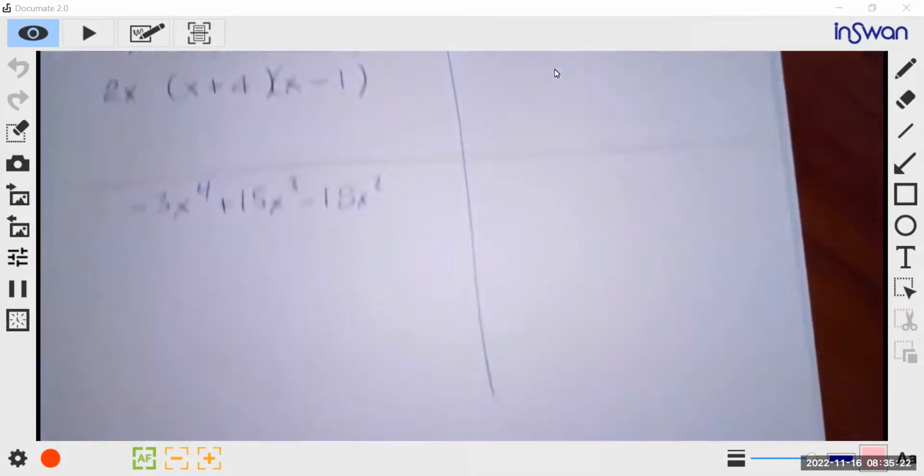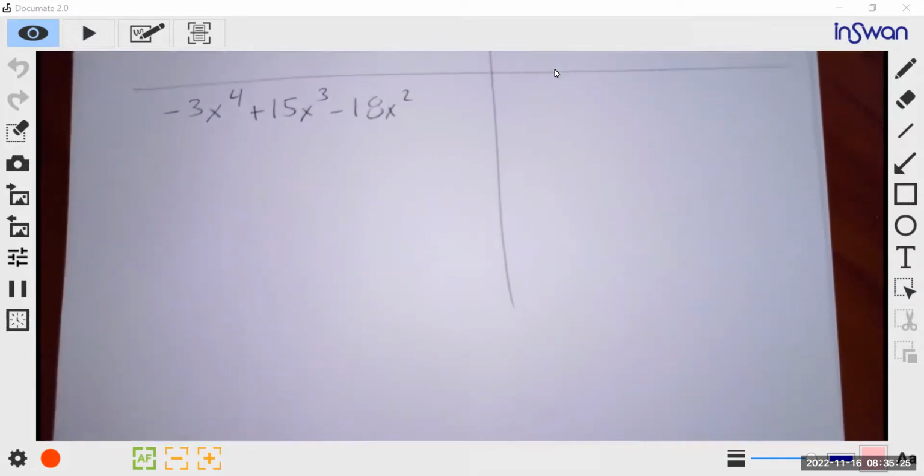Let's look at this one. What do you think your first step is here?